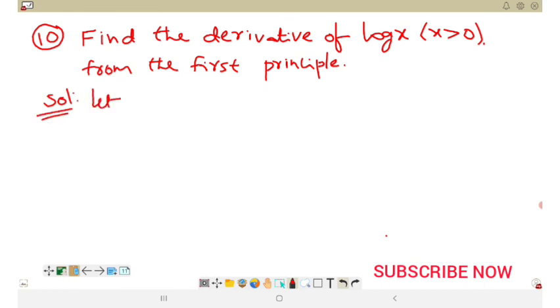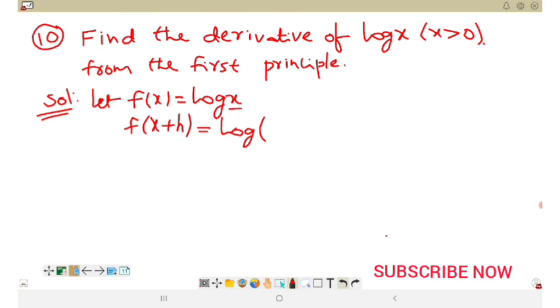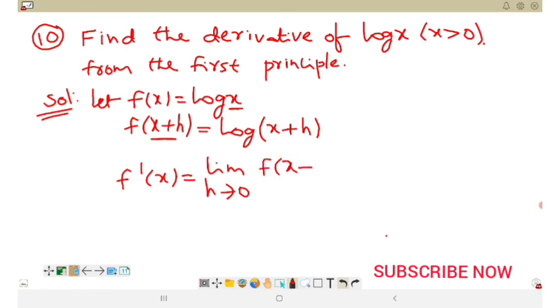Let f of x equal log x, and f of x plus h equals log of x plus h, substituting x with x plus h. By the first principle, f dash of x is equal to limit h tends to 0, f of x plus h minus f of x by h.